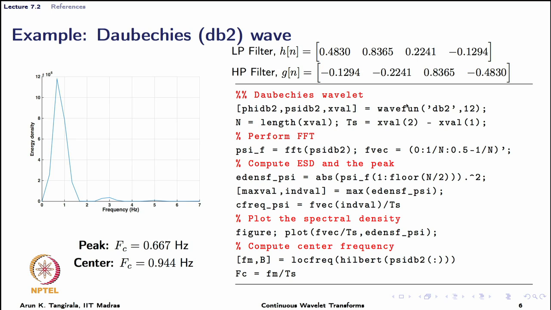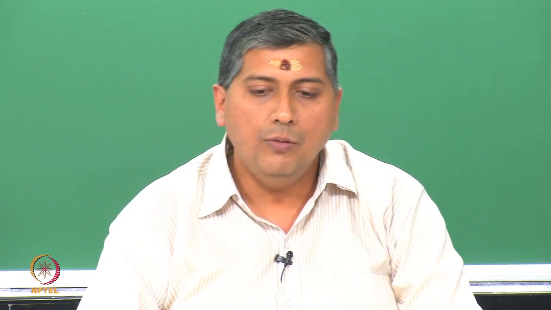The wavefun routine in the wavelet toolbox allows me to compute the dB2 wave. This 2 here stands for half the filter length or the number of vanishing moments. The filter length here is 4, half the filter length is 2.